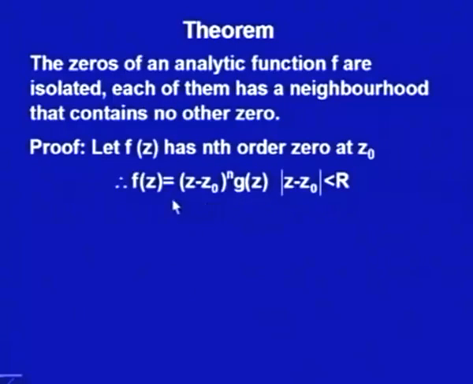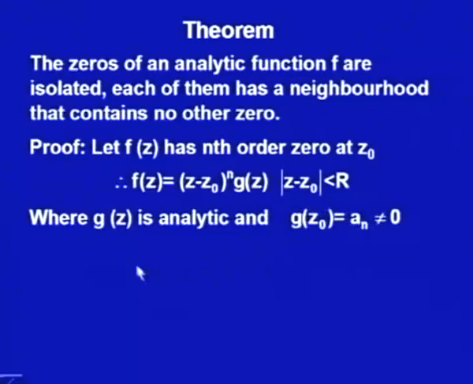Just now we had shown that if f(z) is analytic, we can write a Taylor series expansion at the point z naught, and if it has nth order 0, then the expansion could be written over here, where g(z) is also an analytic function, because what would g(z) be? g(z) would be a_(n+1) (z minus z naught) to the power 1 plus a_(n+2) (z minus z naught) to the power 2, and so that is again a power series. So that is also an analytic function. Moreover, g at z naught is not 0.